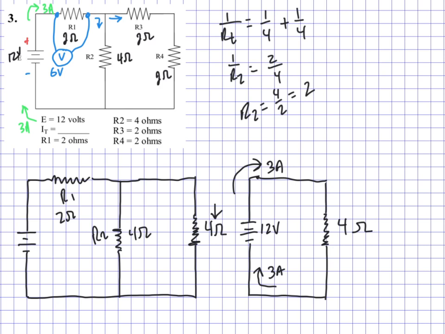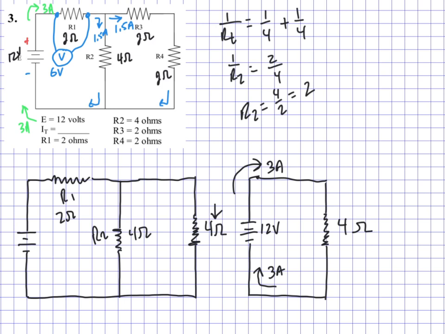Well, we know that both these legs are equal in resistance, so it's pretty easy to figure out that we would have 1.5 amps and 1.5 amps going out each leg, and that's how much would be coming back. 1.5 and 1.5 would add up to the original 3 amps.